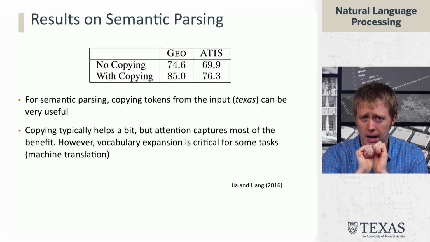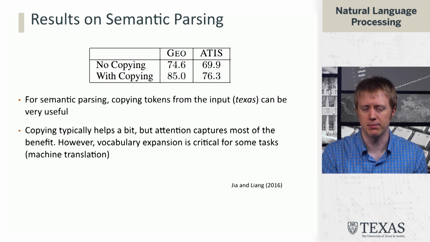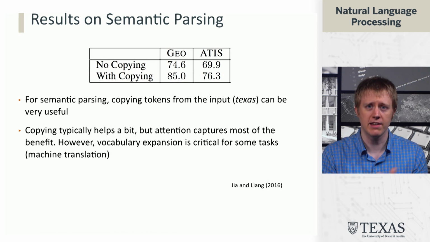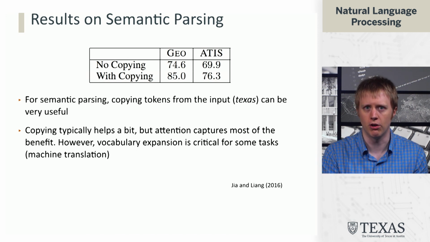We'll unpack how that works a little more later, but basically, you won't need to implement copy mechanisms that frequently. Attention is going to be able to do most of the work for you. But it's still a very nice idea for how to think about incorporating this expanded vocabulary, copying over stuff you haven't seen before, and drawing on these ideas from attention to make our encoder-decoder models more flexible. And that's the end of the segment.